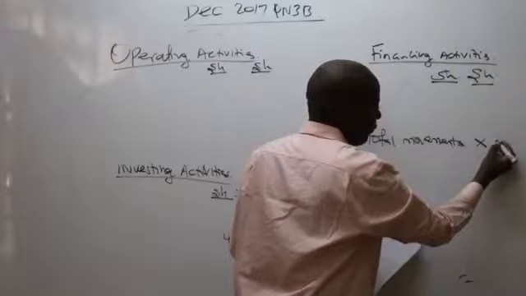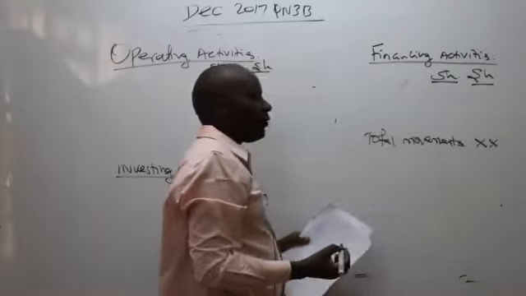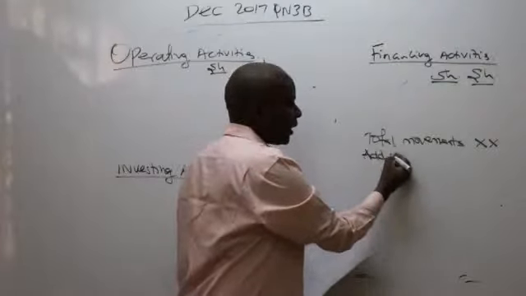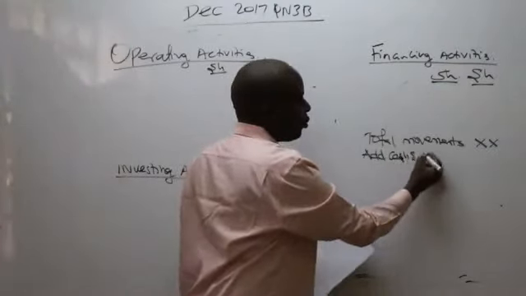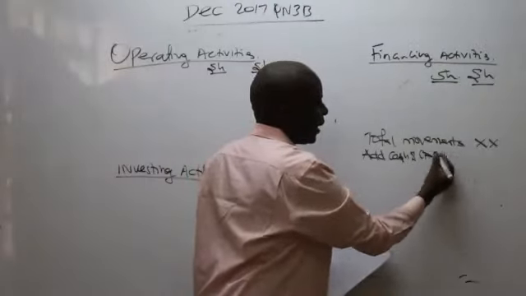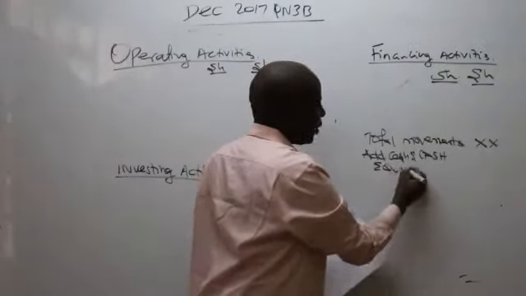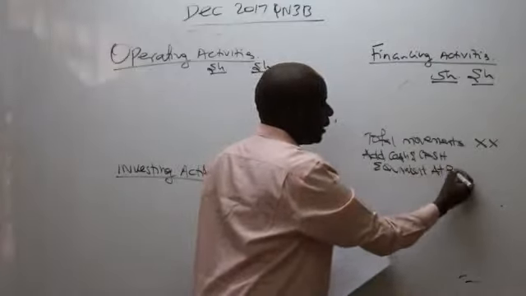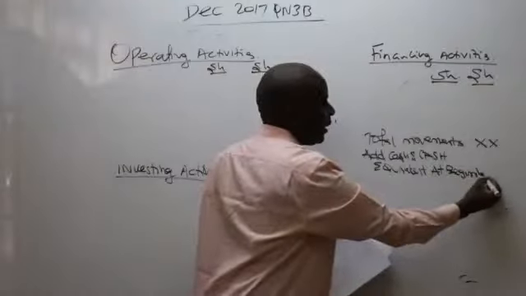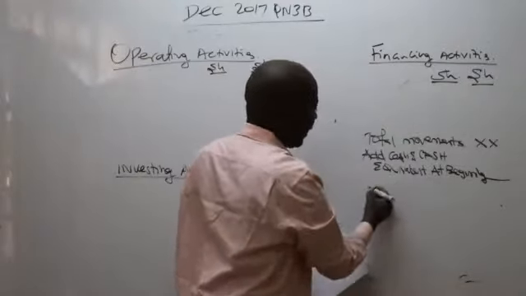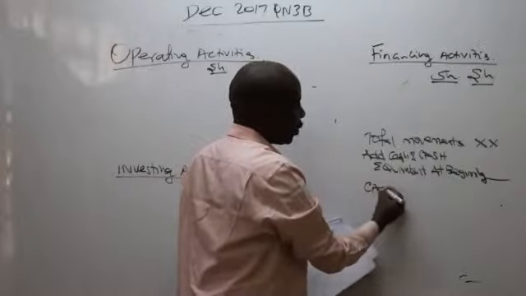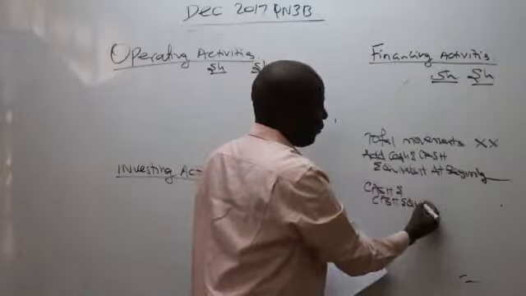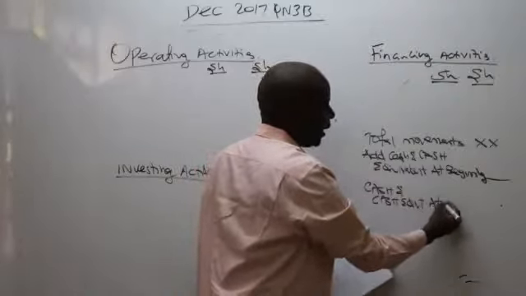Then I'll add cash and cash equivalents at the beginning, brought forward, and the moment I add like that, I should get cash and cash equivalents at the end.